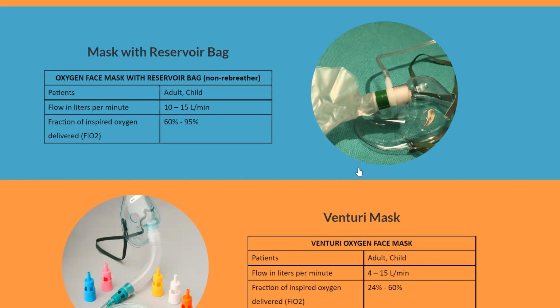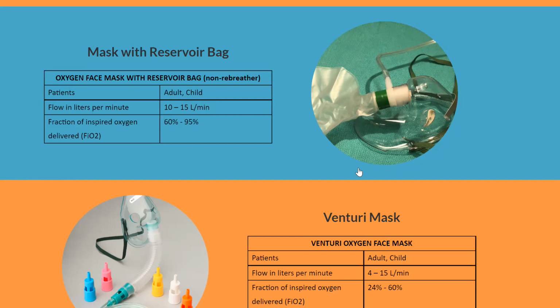Yes, I do agree with you. So actually, in our setting, as you said, we typically have mostly these three: nasal prongs, simple facial mask, and a facial mask with reservoir. However, in the COVID center, we have a high flow nasal cannula.